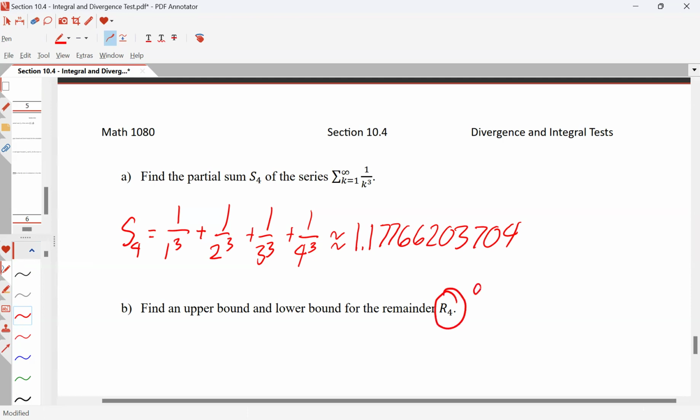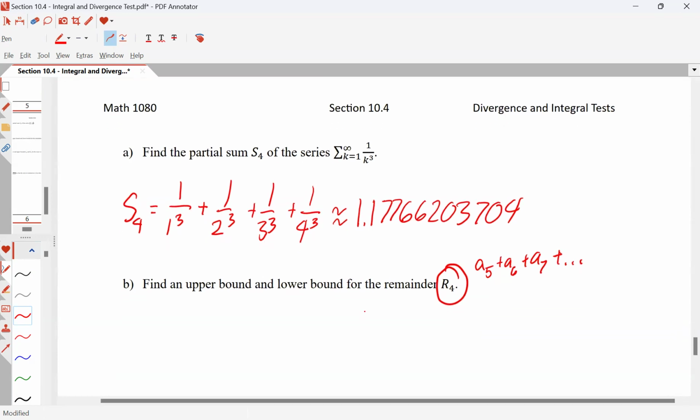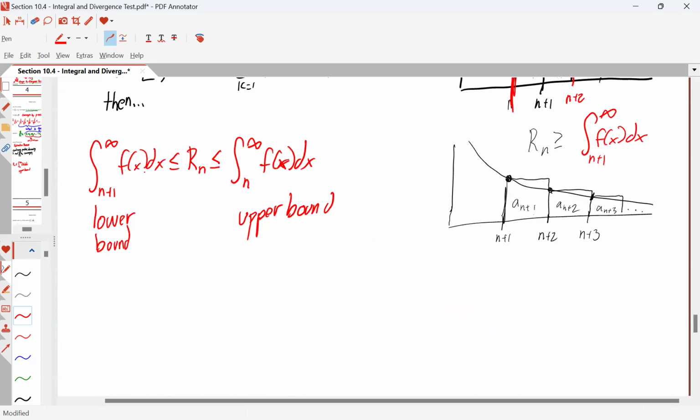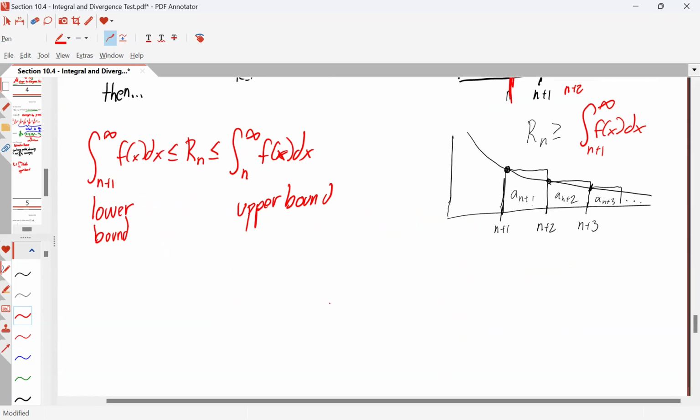This is a sub 5 plus a sub 6 plus a sub 7 plus and so on. It's the stuff that's thrown away from our fourth partial sum. By our integral remainder theorem, we're going to look at the integral from the next term up to infinity and the integral from n to infinity.